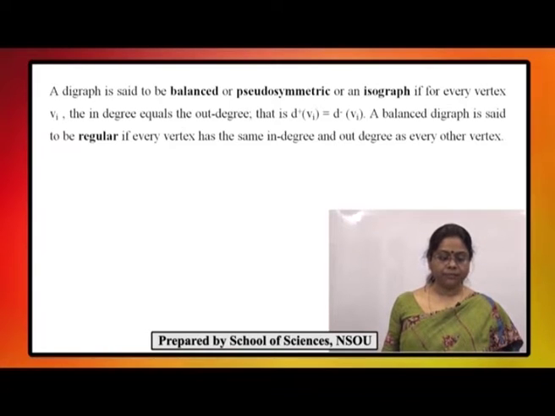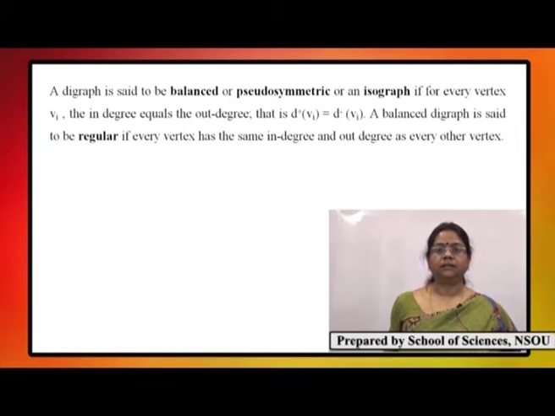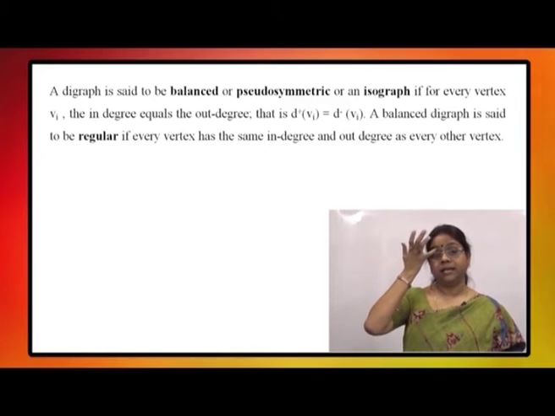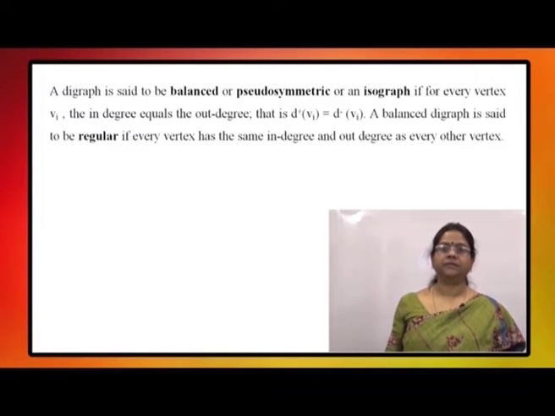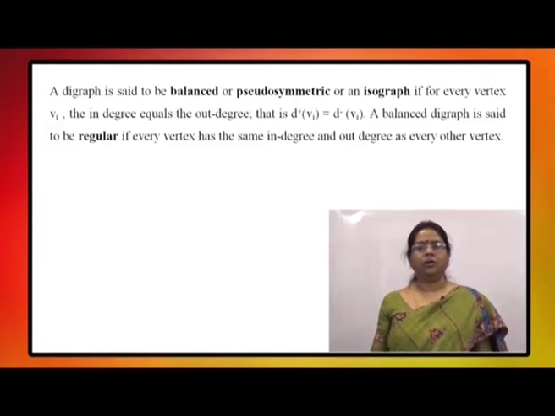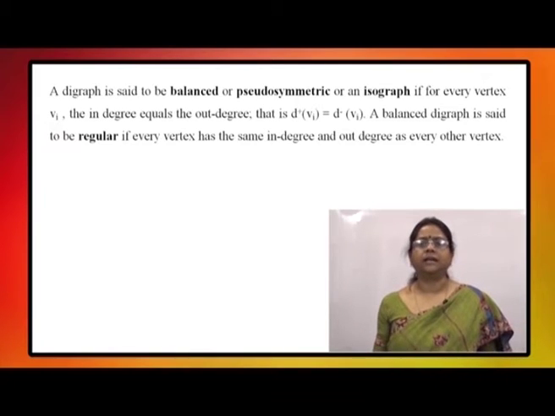A digraph is said to be balanced if for each vertex the in degree and the out degree are equal. So d plus vi is equal to d minus vi for each vi. Then the digraph is called balanced or pseudo-symmetric, or sometimes an isograph.